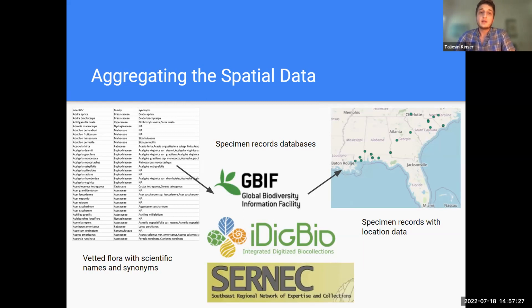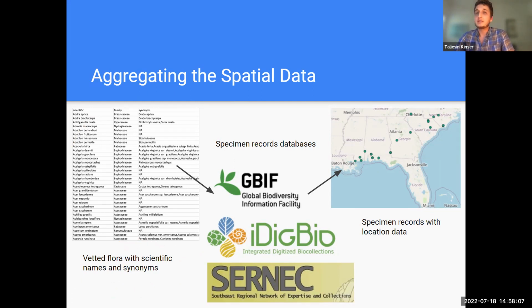So on the left, you start with your taxa list of all of the taxa or species that you're considering, and then any synonyms that might be useful when you're trying to get different data, because you might have names that are recently updated. What we did is we took this taxa list and we drew specimen records from these large databases, GBIF, iDigBio, and SERNEC, which is concentrated on the Southeast.